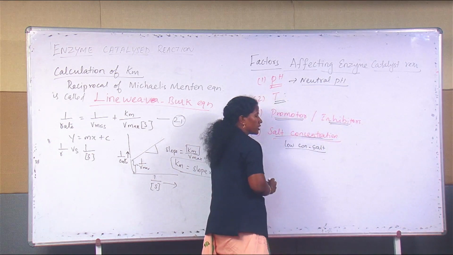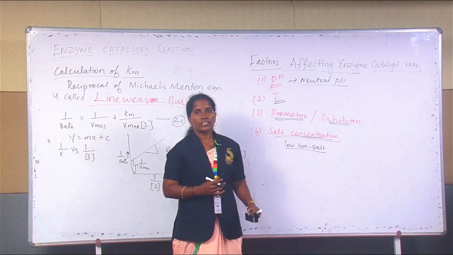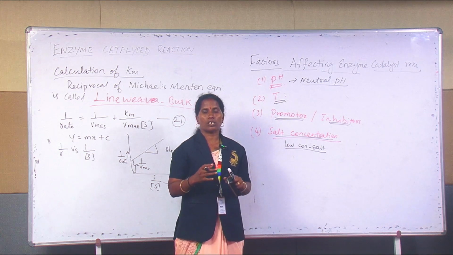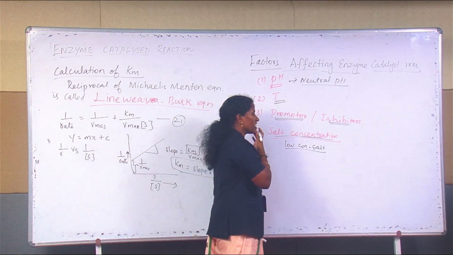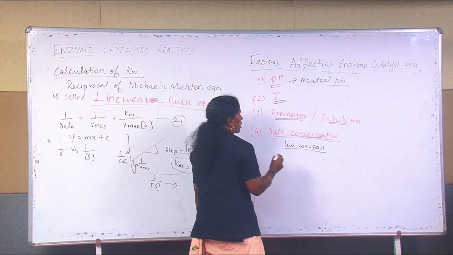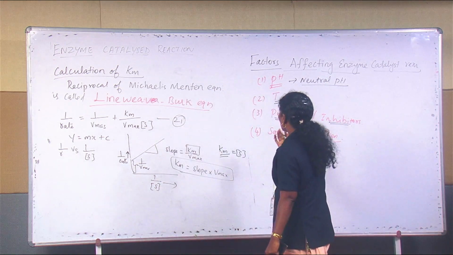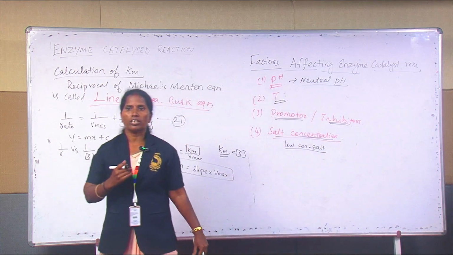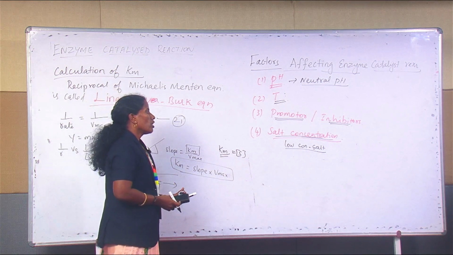Whereas at higher concentration of salt, there is no blocking of the possibility of interconnecting the charged amino acid particles, so the enzymes get precipitated. So these are the factors affecting enzyme catalyst reactions.